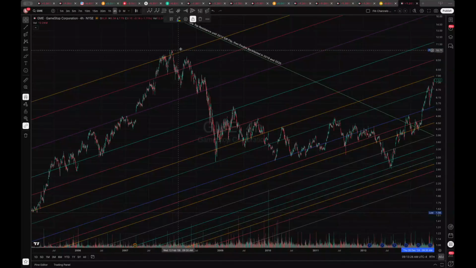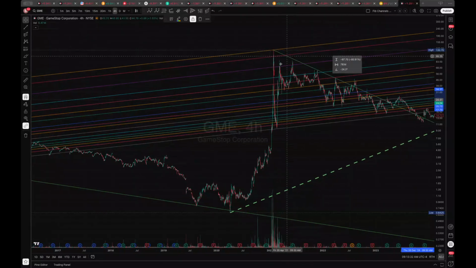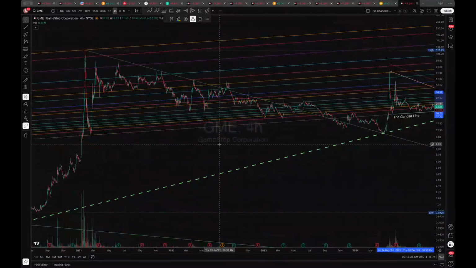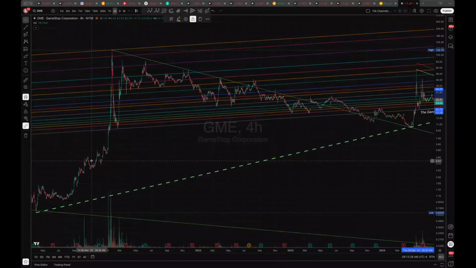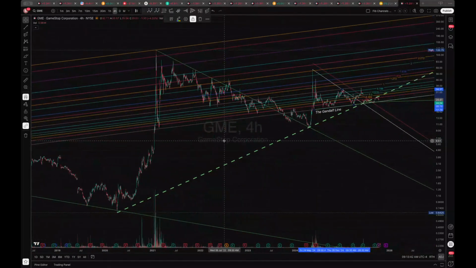More or less. I mean, we're talking cents here. Intersected with the all-time high in 2021. And that is the magic of fib channels.